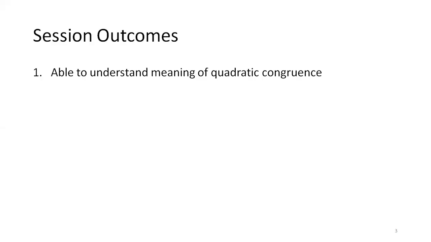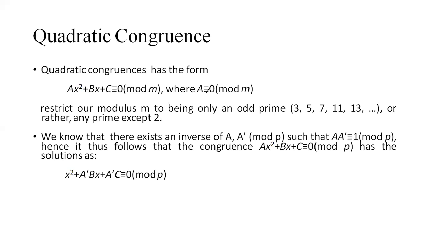At the end of today's session, you will be in a position to understand the meaning of the term quadratic congruence, and how quadratic congruence is used in network security applications, especially cryptographic applications. We know that many mathematical concepts are essential for designing algorithms in cryptography.